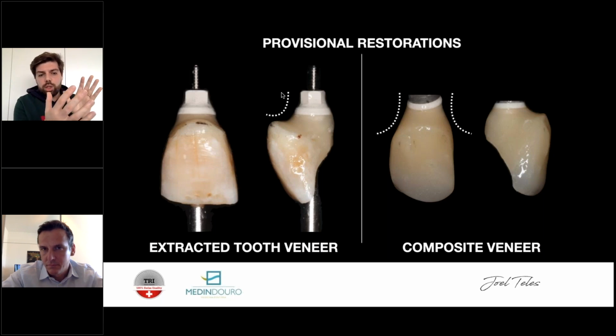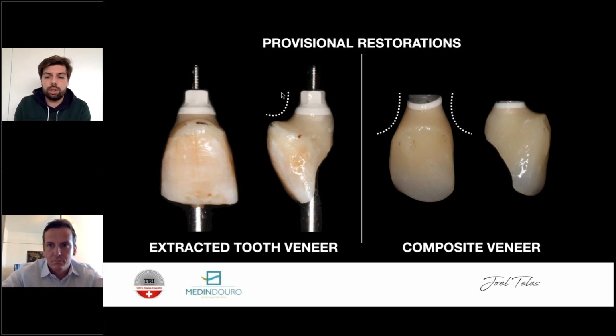The thicker the tissue is, the more stable the result you have. If you have space for tissue, it will come down and accommodate. If you don't have space for tissue, it will go up and go thinner. Okay, this is tissue engineering. This is thinking biology. The only part I don't really care about is the palatal one. That one can be straight, it doesn't matter, but buccal and mesial distal is very important.